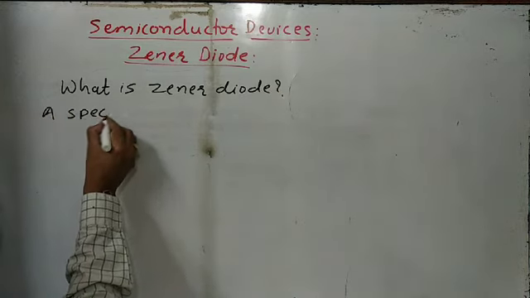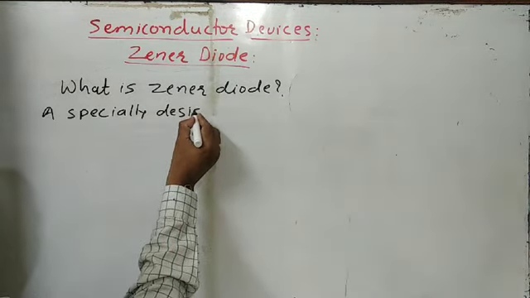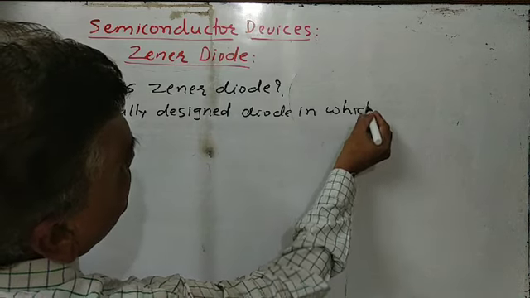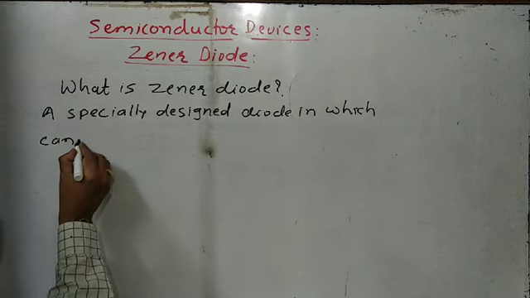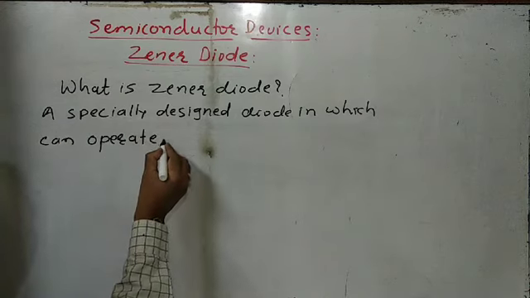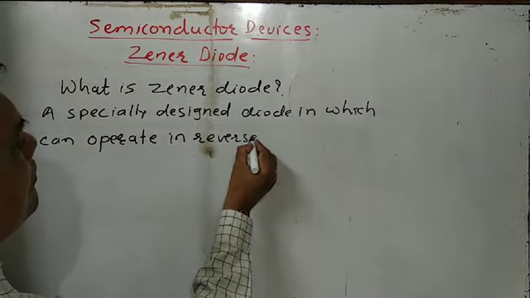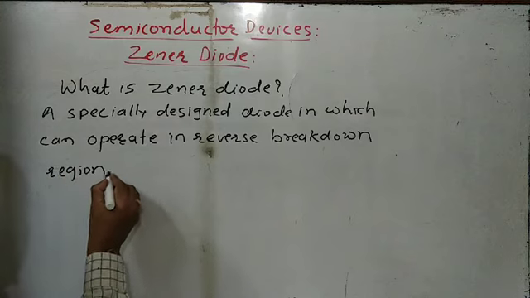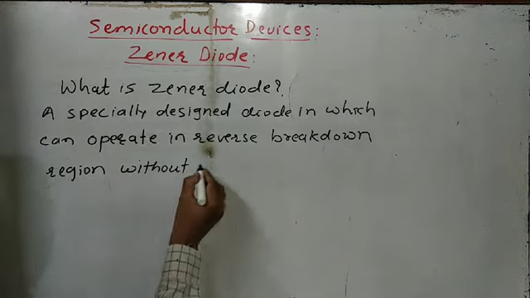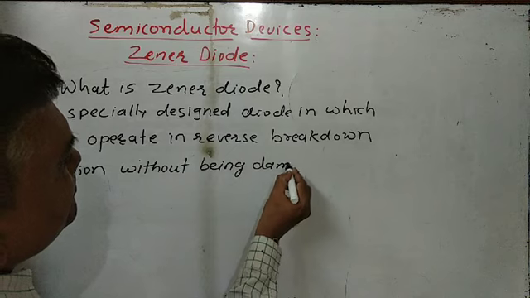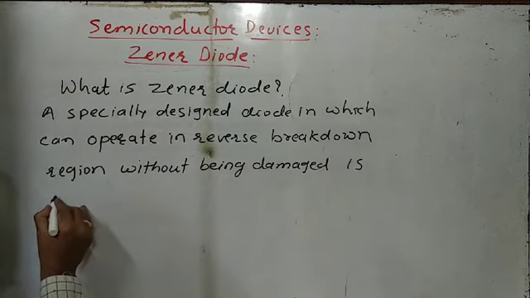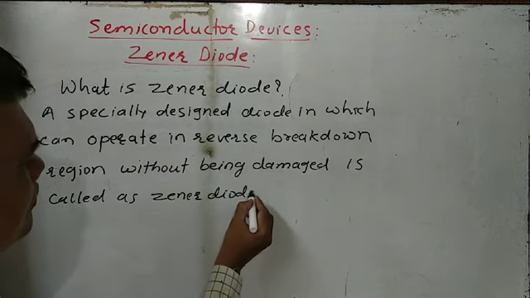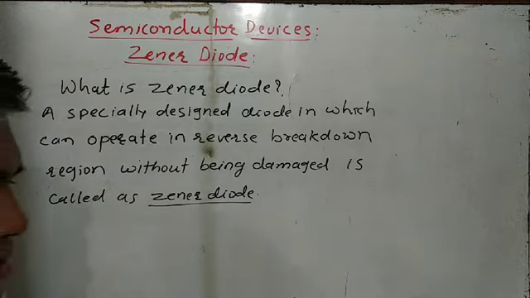A specially designed diode which can operate in the reverse breakdown region without being damaged is called a Zener diode.